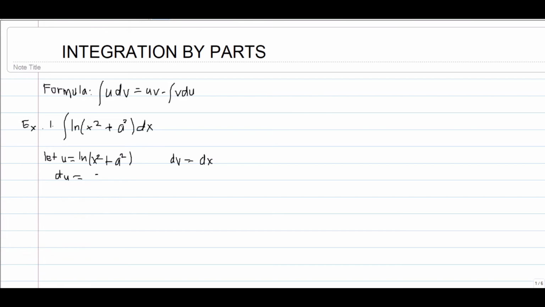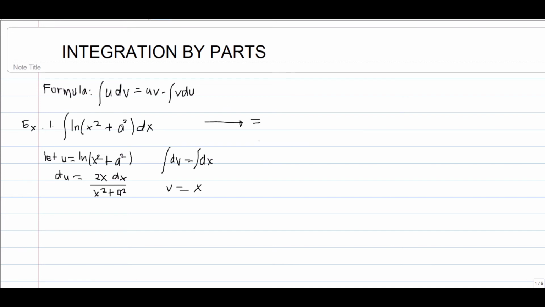So we can rewrite du as 2x dx over x squared plus e squared. To obtain v, we must integrate dv and also dx. So the integral of dv is v, and the integral of dx is x.